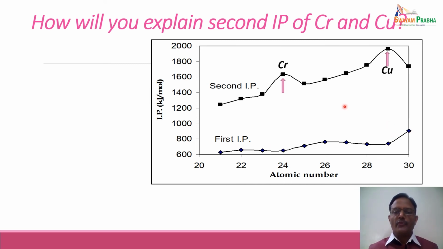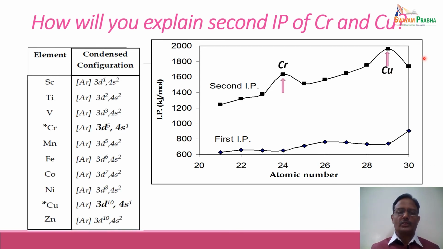But if we observe the second ionization potentials, we can see that chromium and copper have exceptionally high second ionization potentials. These two values can be explained on the basis of their electronic configurations.